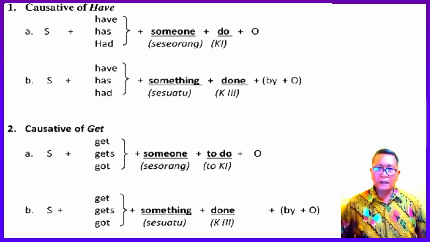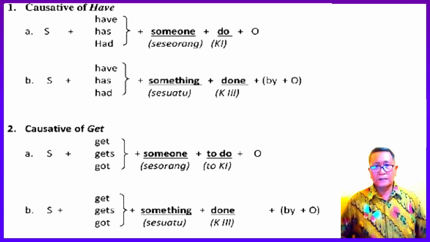Active sentence pattern: subject plus have, has, or had, plus someone, plus do, plus object. Someone here is a person who does the action, and do here is the infinitive verb without to. Object here is something done by someone.